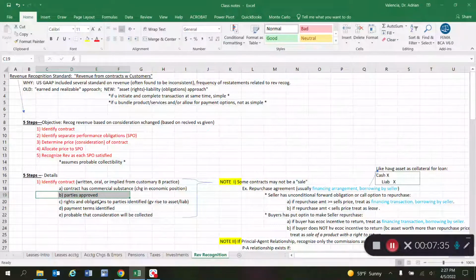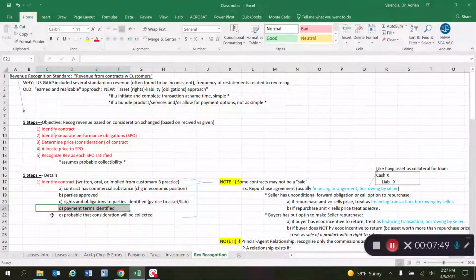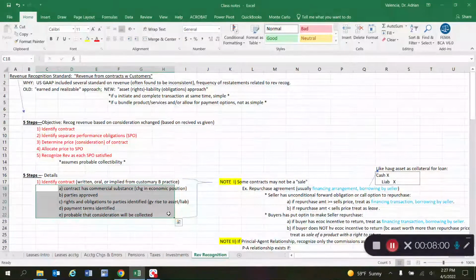The rights, which give rise to assets, and the obligations of each party are identified in the contract. And then the payment terms are identified. And as I mentioned before, it is probable that the consideration will be collected. So if you have these components within that contract, then you have satisfied step number 1.